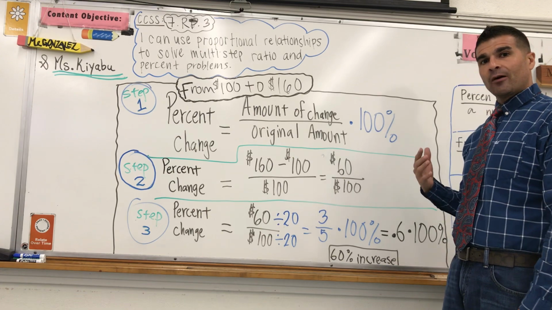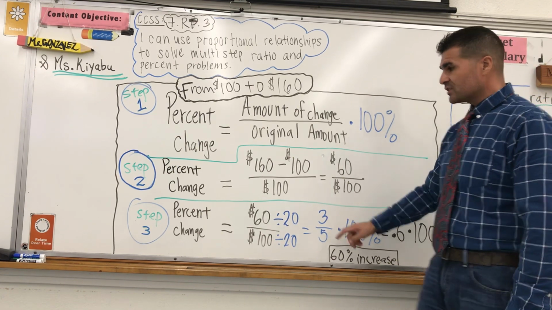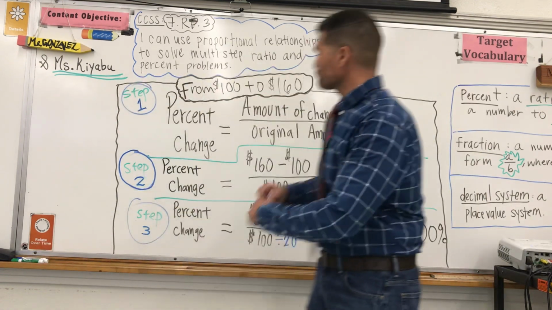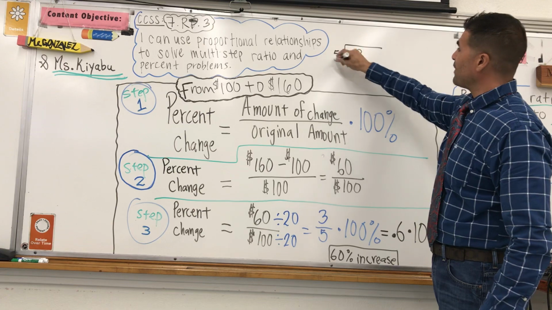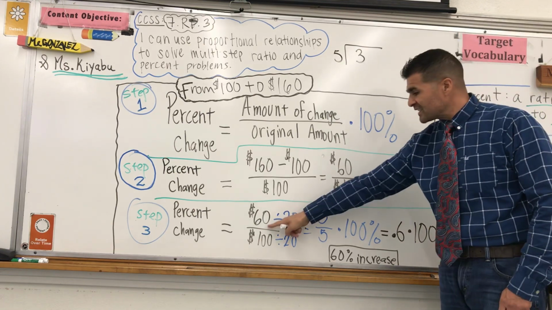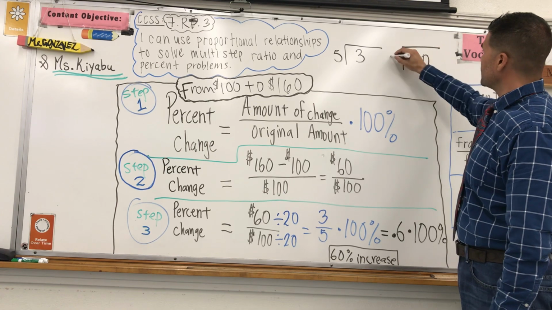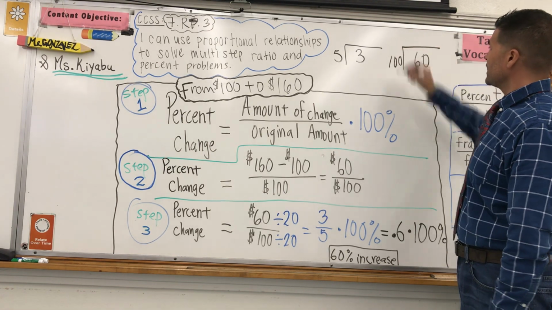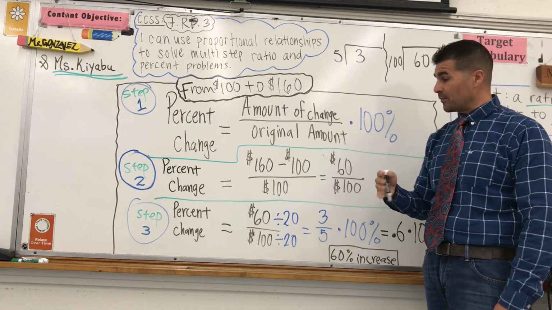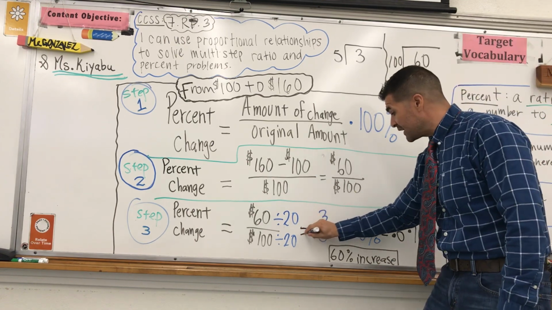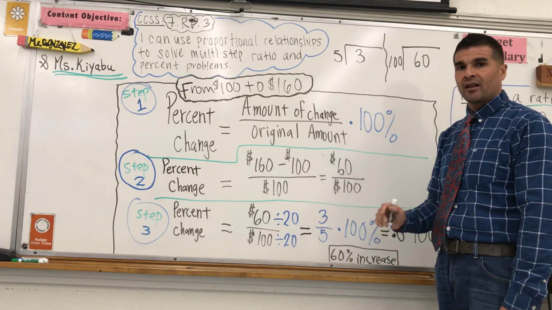So what we can do now is divide 3 by 5. It would be the same thing as dividing 60 by 100. Both of these will give you exactly the same amount because these two are equal to each other. We just reduced 60 and 100 by 20.